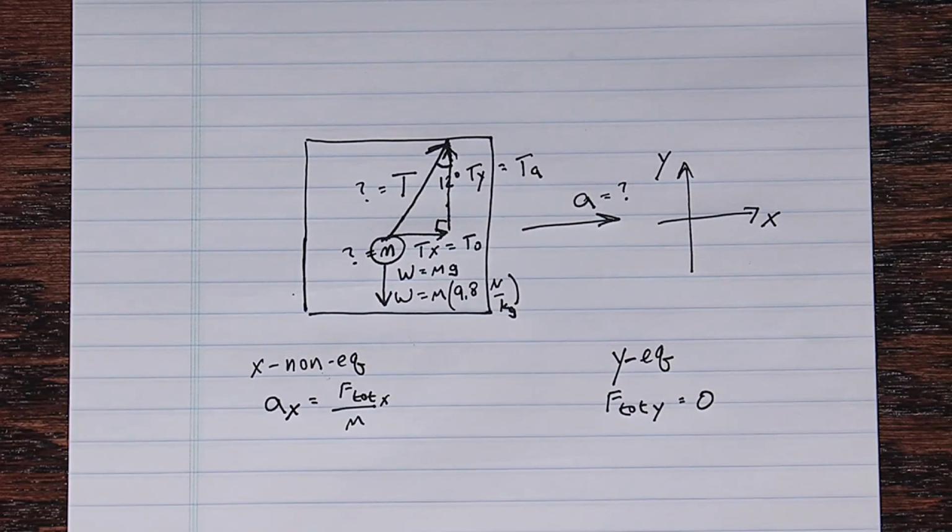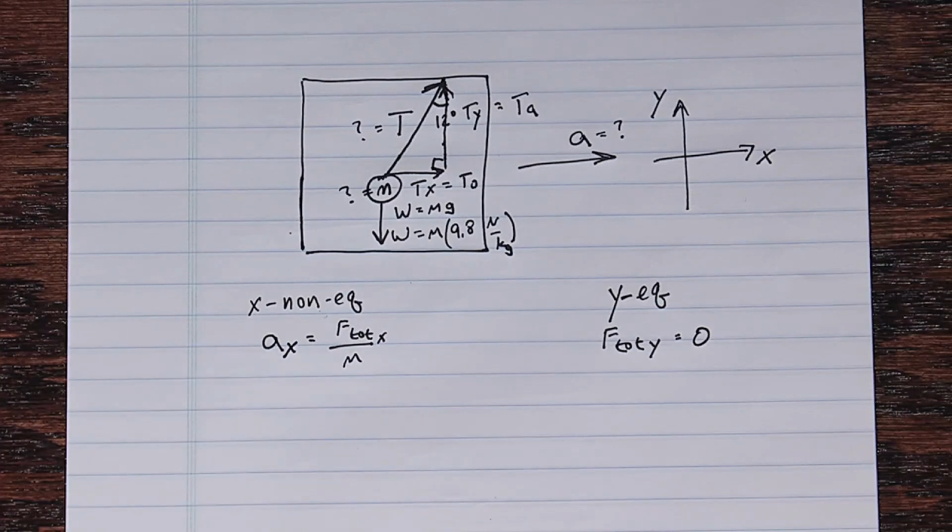We've identified non-equilibrium in the x direction, equilibrium in the y direction. And so it might not be obvious how we're going to get our answer, but we know that the answer is in those equations somewhere. We have to trust that. Well, let's see what we can do with that.